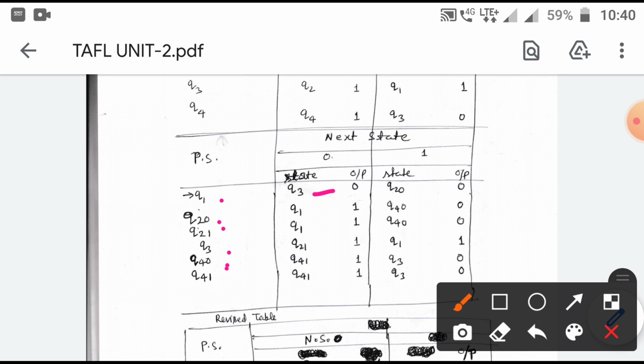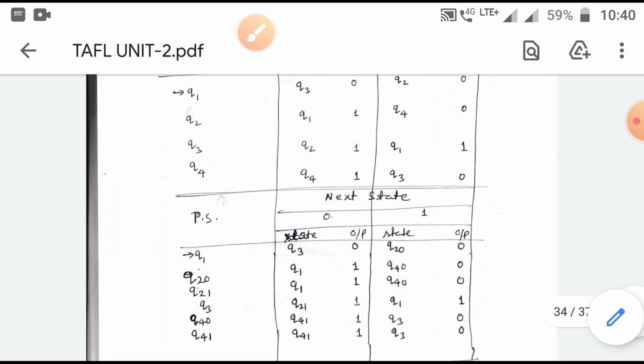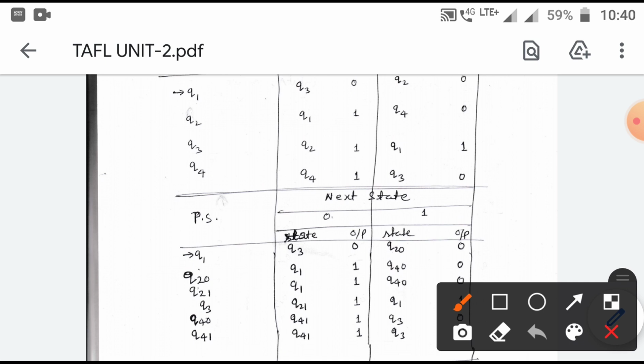And here, how will we write it? In the original row for Q1 there is Q3 and Q2, but Q3 is not split, while Q2 is split. So Q3 is in the original form, but Q2 will be split into Q20 and Q21. But the question is how we will conclude which one of Q20 and Q21 will be here.